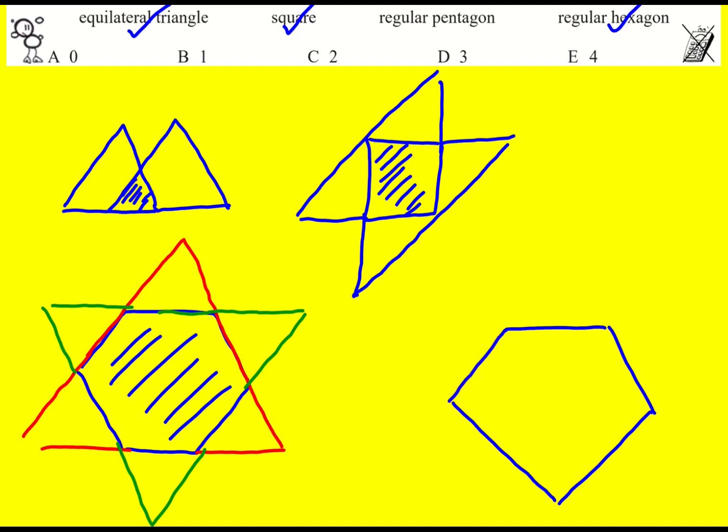Oh, sorry, it's going to have to come out more, isn't it? Okay, so it's not an equilateral triangle, but I've got a triangle there. And then I need to get some overlap going on.